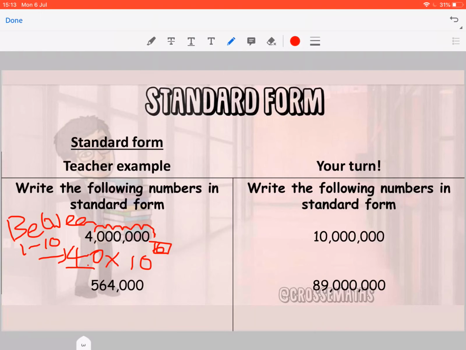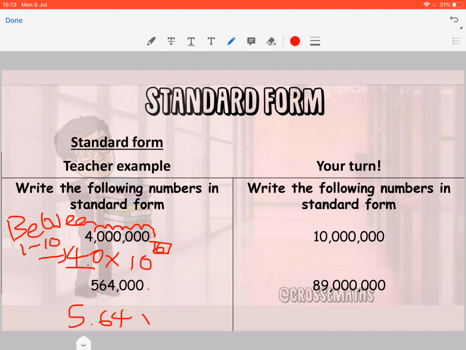All standard form is, is writing really long numbers in a certain way so you can do maths with them really easily. This number right here, I got 564 with 3 zeros. If I want to make that number between 1 and 10, the decimal point starts by here. I'm going to use 5.64, so I'm going to have to put my decimal point by there.